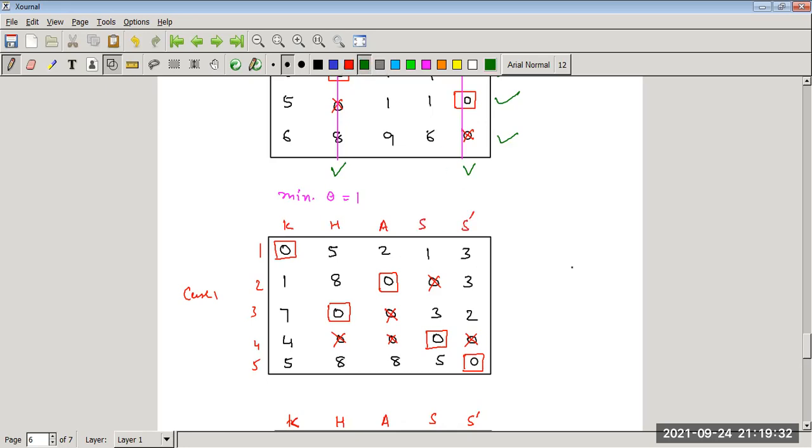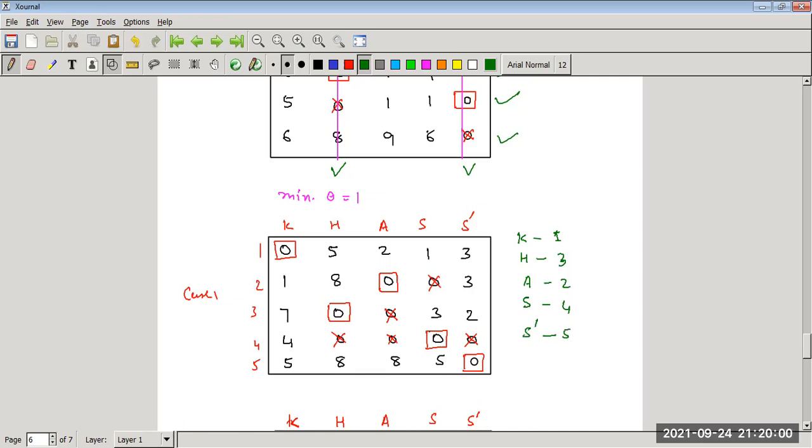Now we calculate the assignment cost. In this, कोमल को हमने कौन सी जॉब असाइन की? फर्स्ट जॉब 1. हिमांशु को वी असाइन थर्ड जॉब. अदिति को वी असाइन सेकंड. शिवानी को वी असाइन फोर्थ, and dummy we assign fifth job.